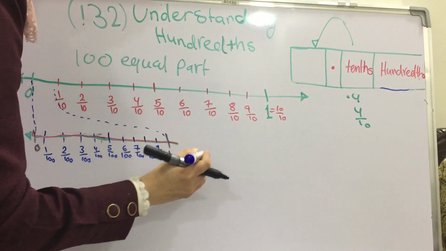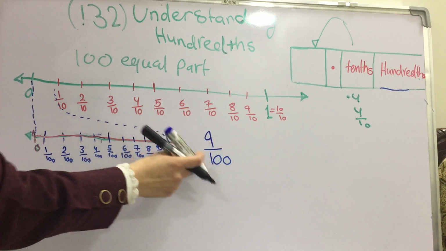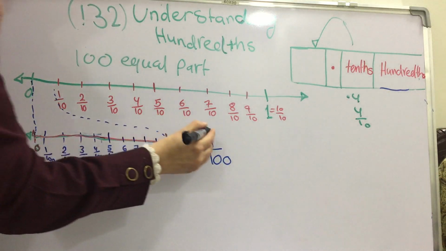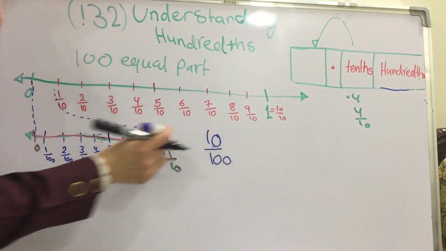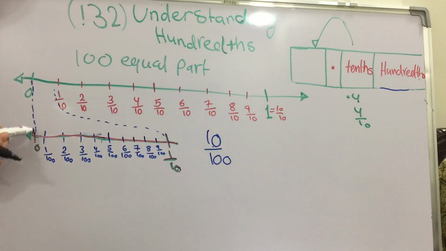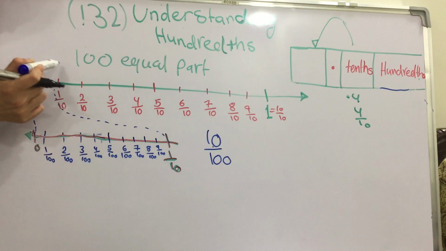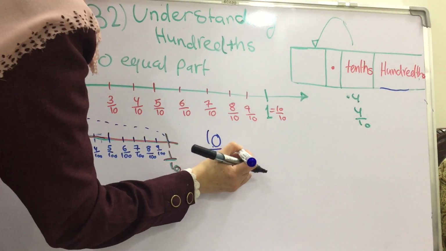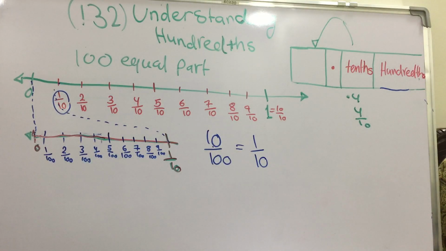If you reach 9/100 and you need to count more, they give you one more, it's 10/100 now. If you reach 10/100, that means you cut all this way, and you reach here, and here means 1/10. So 10/100 equals the first 1/10.